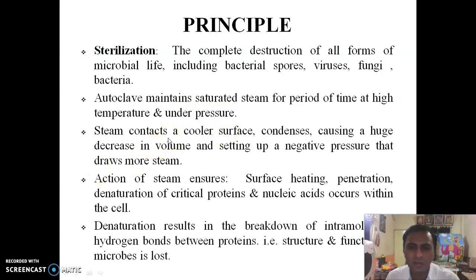Steam contacting a cooler surface condenses, causing a huge decrease in volume and setting up a negative pressure that draws more steam. Action of steam ensures surface heating and penetration, and denaturation of critical proteins and nucleic acids occurs within the cell. Denaturation results in the breakdown of intramolecular hydrogen bonds between the proteins. The structure and function of microbes is lost.